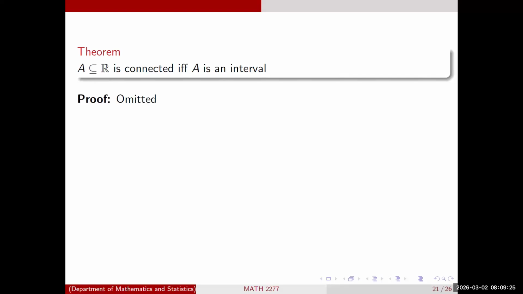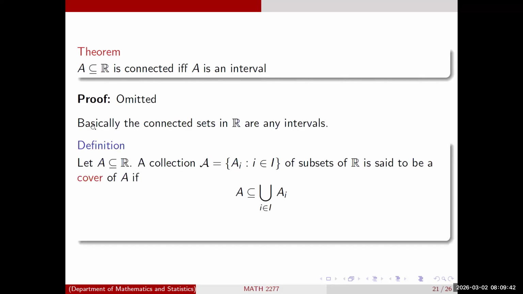So if you want to figure out whether or not a subset of R is connected, you just need to ask yourself, can I write that set as one single interval? It has to be one single interval. So basically the connected sets in R are any intervals.